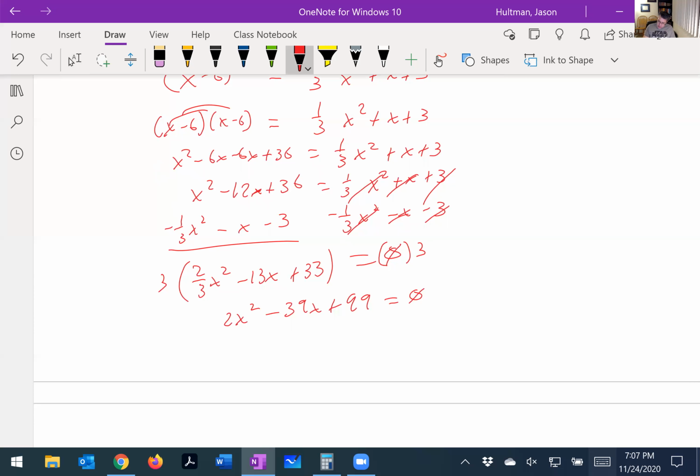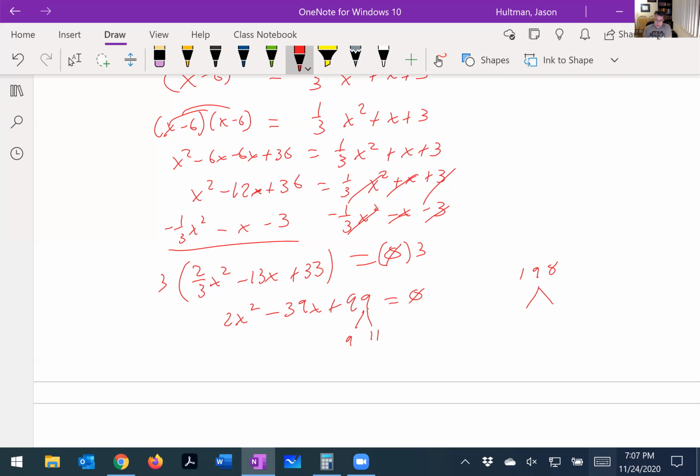Okay, so 2 times 99 is 198. And so I need two factors. Think of 99 as 9 and 11. Right? So I need two factors that will multiply to 198 and add to negative 39. Okay, so that's going to be two negative numbers.